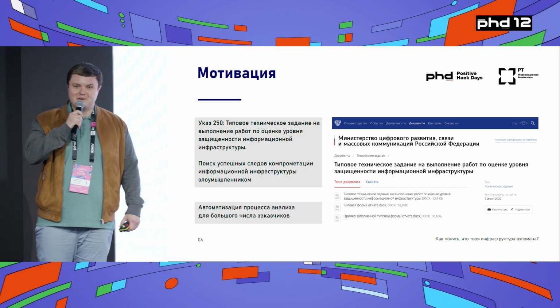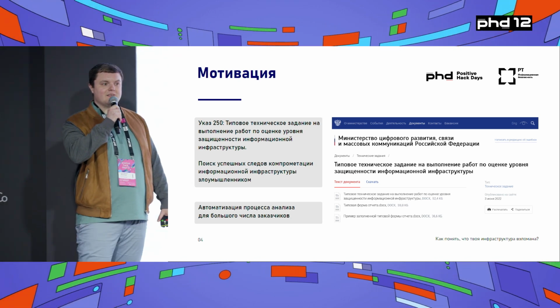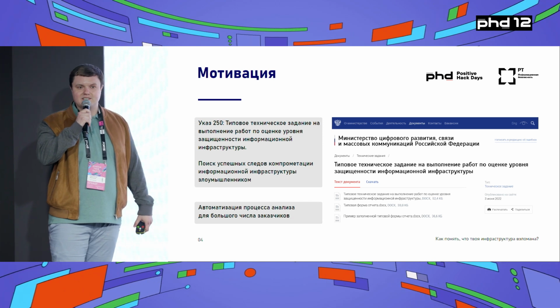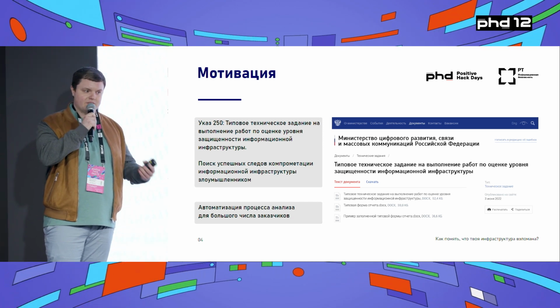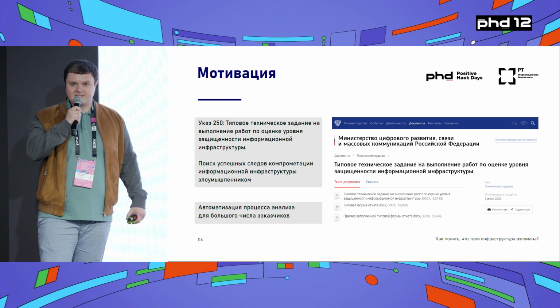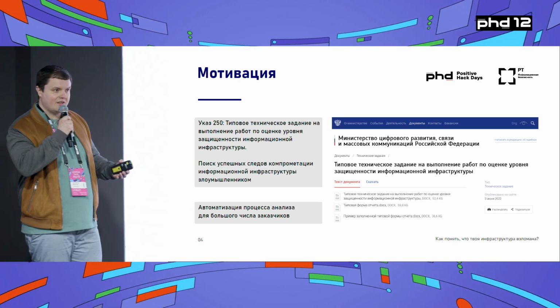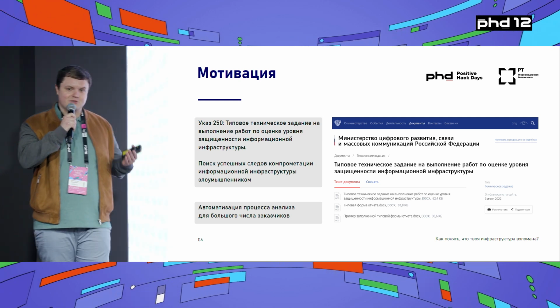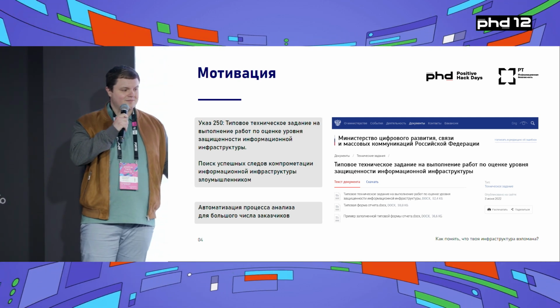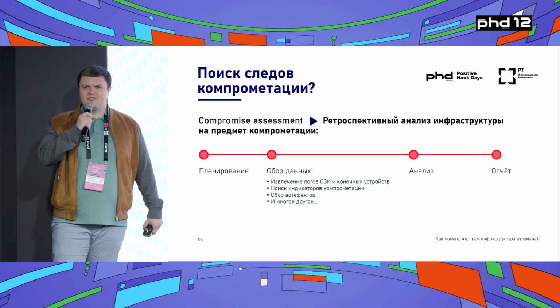As we understood, this is a very important objective for a compromise assessment department for many organizations. It was a need, it was a must to follow that order. We started addressing that problem, and we will show what we have achieved.